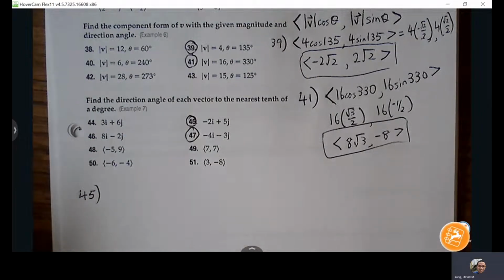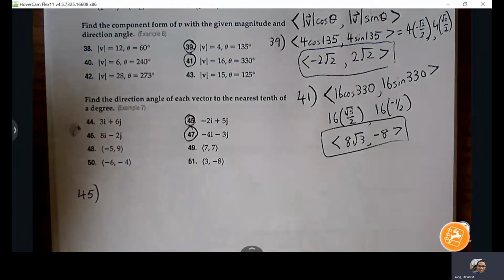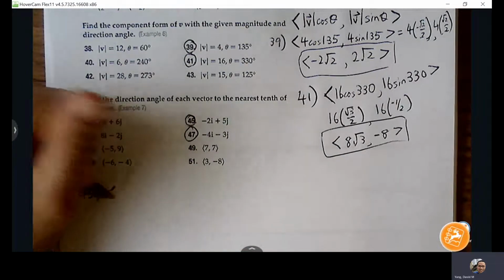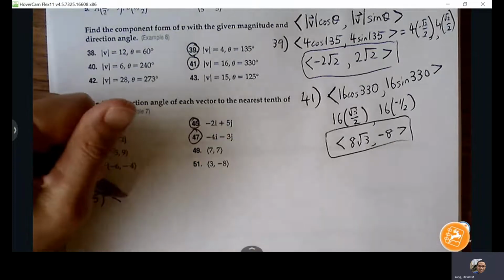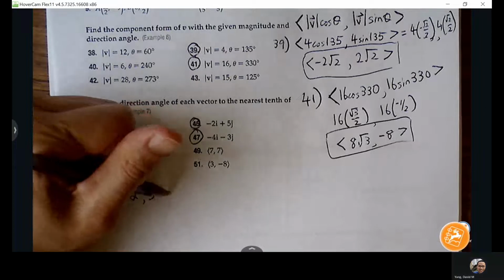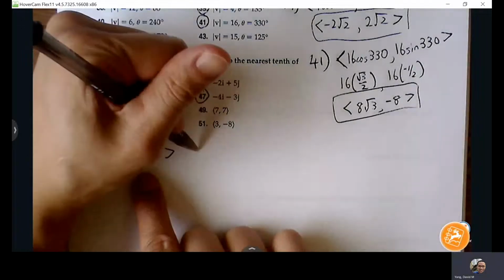Okay, 45. Find the direction angle for each vector. So I personally like to put it into standard component form. It just feels more natural there. But -2i plus 5j will be a vector that has component form -2, 5. Okay, which quadrant is that in? Yeah, second quadrant.